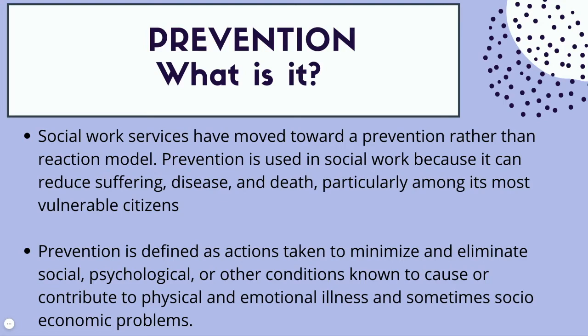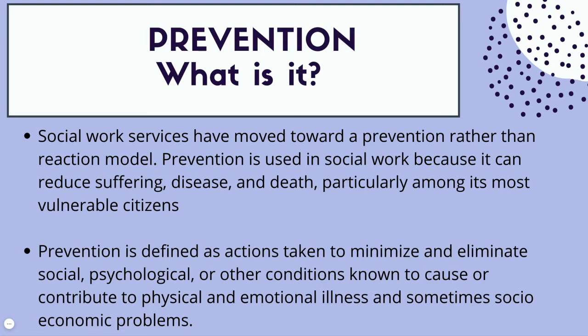So in recent years, social workers have actually moved towards this prevention model rather than reaction. So we want to prevent something from happening before it gets to a point where then we are just reacting and trying to do damage control. So prevention is really helpful, and it can be used to reduce a variety of things.